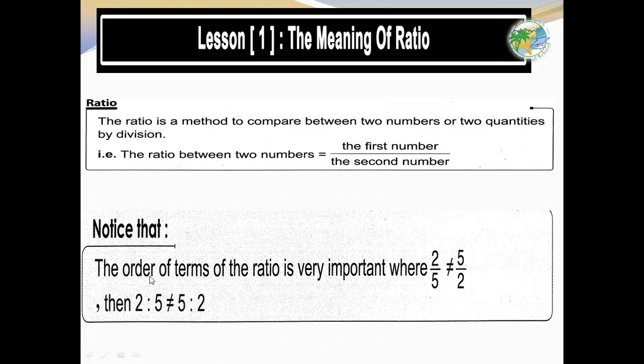Note, the order of terms of the ratio is very important, where 2 over 5 does not equal 5 over 2. We denote the ratio by two points, 2 to 5, which is not equal to 5 to 2.